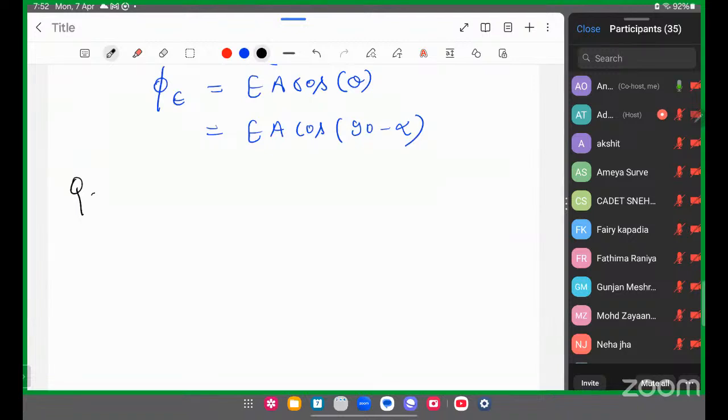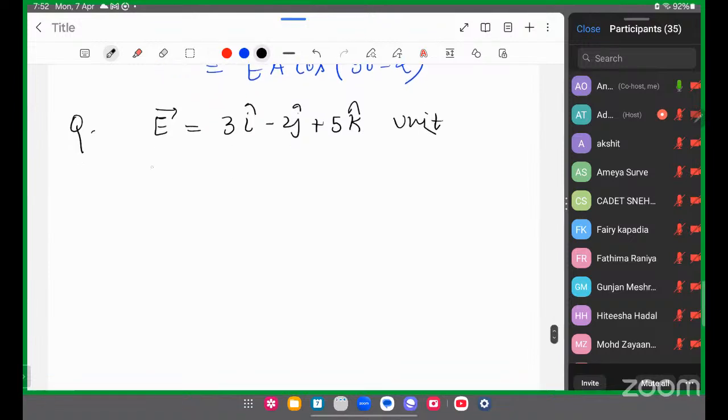First type of question may be in vector form. So let's say I have electric field E as 3i cap minus 2j cap plus 5k cap unit, whatever be the unit, Newton per coulomb, or if it is in another unit. Then we have surface area S vector, given to us in vector form i plus j minus k unit.